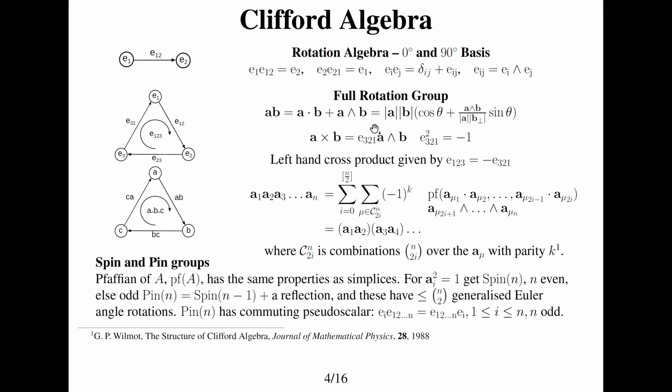And that allows you to define a cross product where the E321 times any plane or 2 form gives you a 1 form. And we can do that with a left-hand screw rule because we actually include the parity in here.